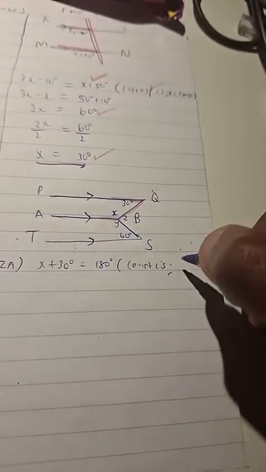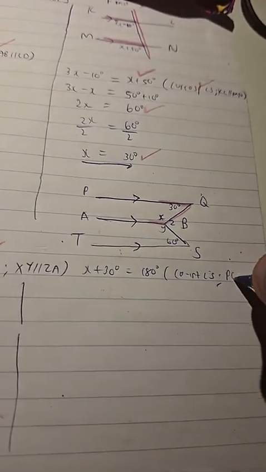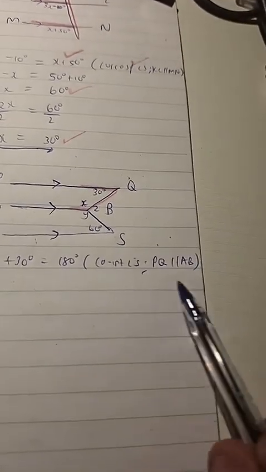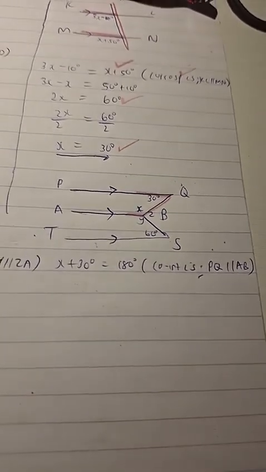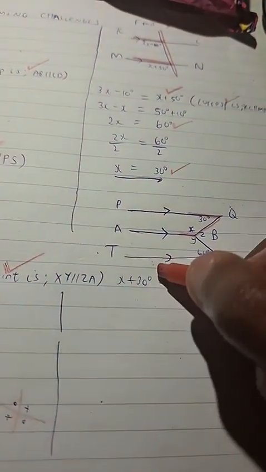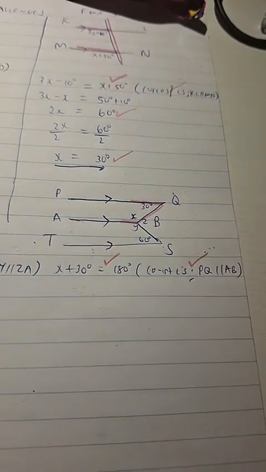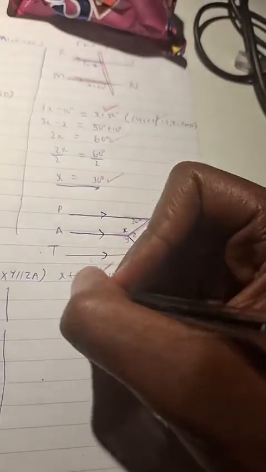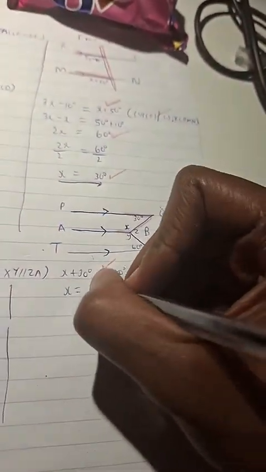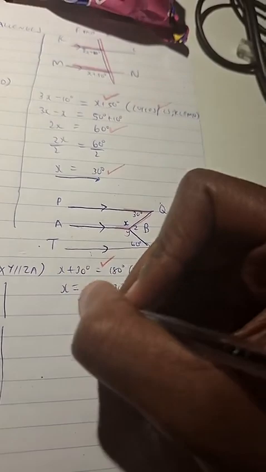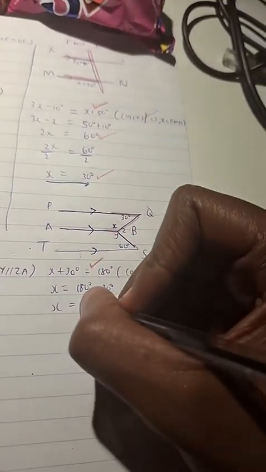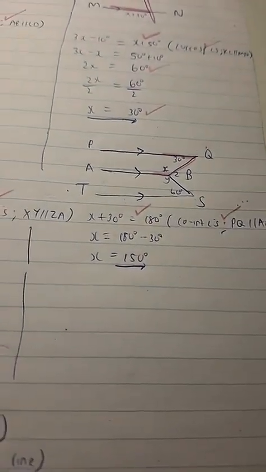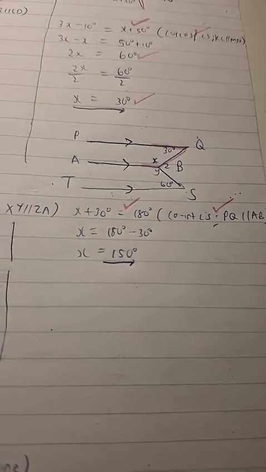Then we state the lines that are parallel. PQ is parallel to AB. As a matter of urgency, we must definitely state that. How many marks do you have so far? Statement, 1 mark, reason, the full reason, the other mark. Then solve for x. x is equal to 180 minus 30 degrees. So it seems Confidence was 100% correct in her guessing.